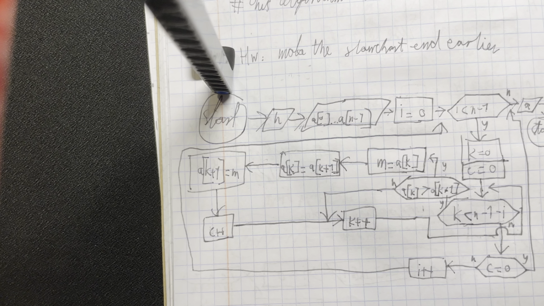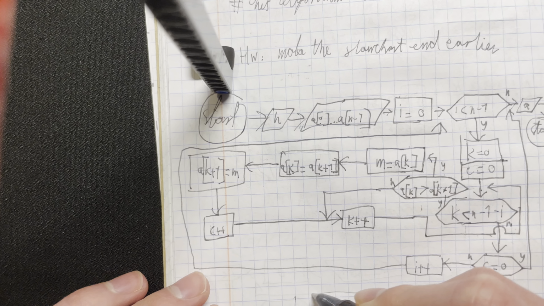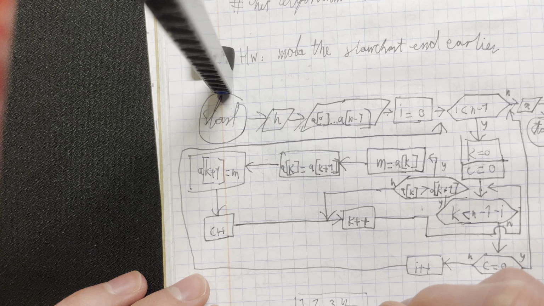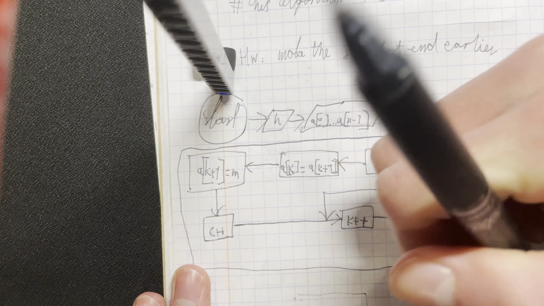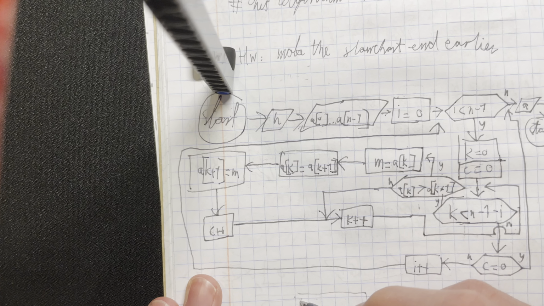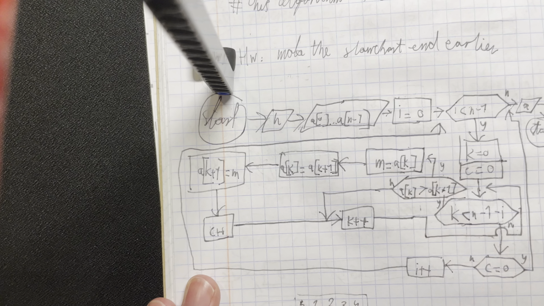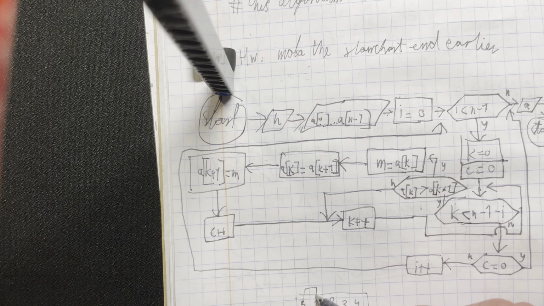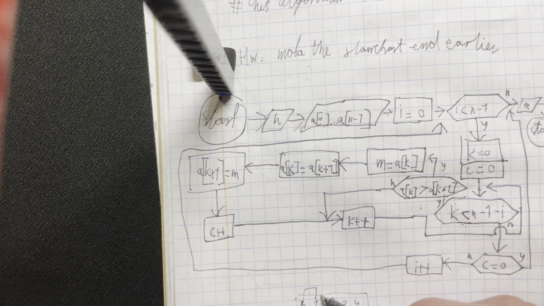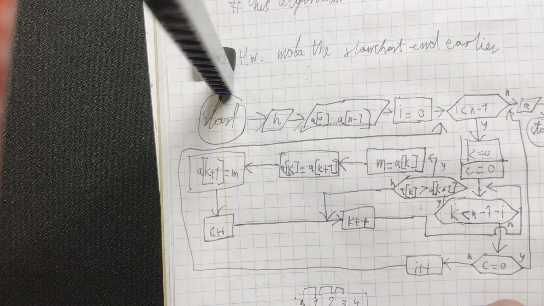So you have an example here. We have 5, 1, 2, 3, 4, and so we'll be swapping this with this, that with that, that with that, and that with that.